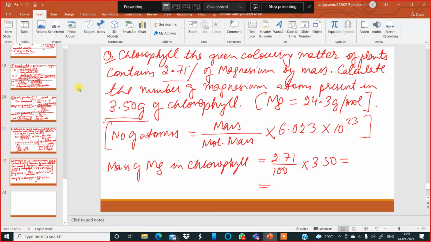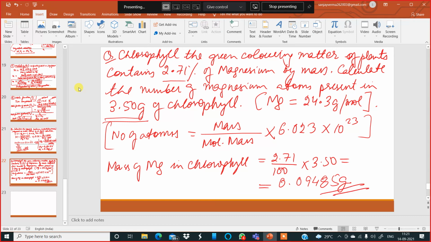Okay, let me work it out. 2.71 divided by 100, into 3.50. So it is coming 0.0945 gram. So this is the mass of magnesium.